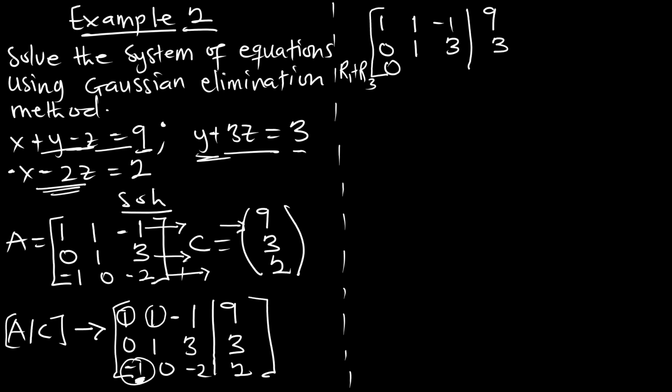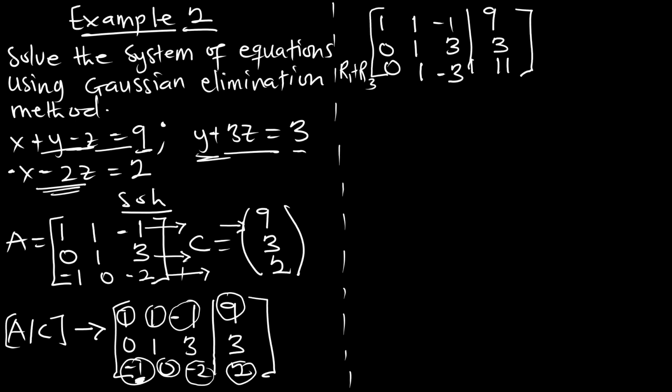This is 1 plus 0, and here is going to be 1. This is negative 1 plus negative 2, and this is going to be negative 3. 9 plus 2 gives me 11 for this part. So now I have this.